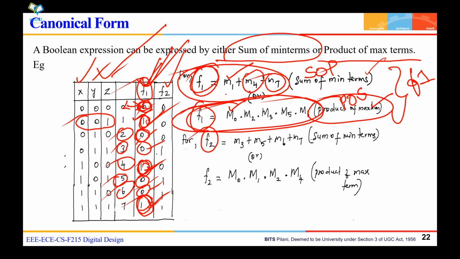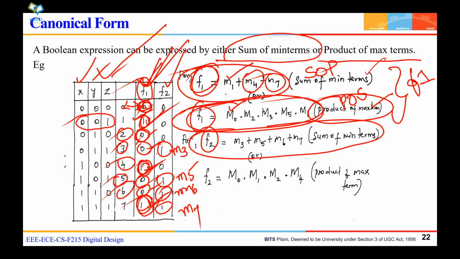The F2 expression, see this, in terms of sum of min terms. Sum of min terms means you have only the places where ones are there. See, these are the places with ones. This is corresponding to M3, this is M5, this is M6, this is M7. Right? So the sum of these will give you SOP, sum of products. Similarly, you look at all zeros.